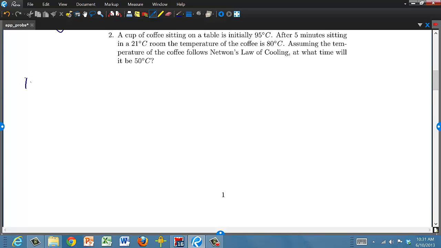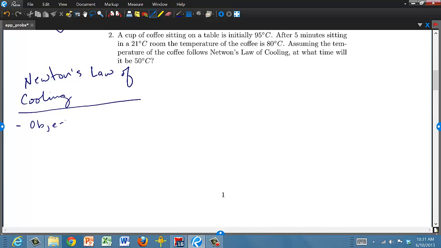Newton's law of cooling applies when you have some object whose temperature change is not going to affect the ambient temperature. Now, of course, that's not correct.